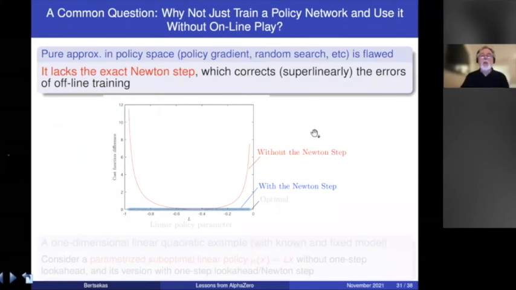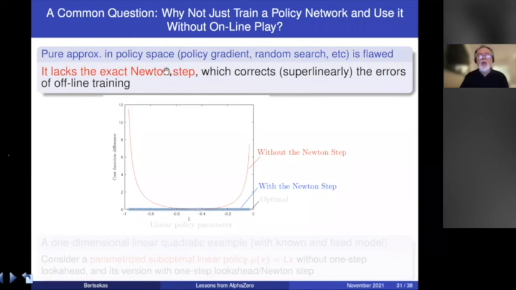Okay, so here's a common question. In the end, I want to have a policy, and we say that this online play policy is good. Why can I not learn this policy by some neural network and use it? In fact, there is a whole community in reinforcement learning that practices approximation in policy space, where we don't care about cost function approximations, multi-step lookahead and the like, but instead we parameterize the policy and optimize the parameters by using some kind of training, perhaps neural network training.